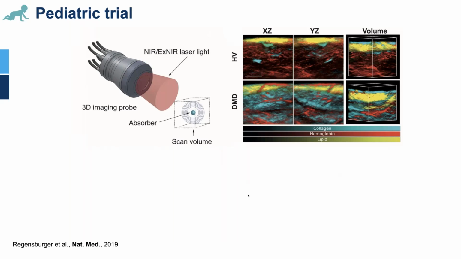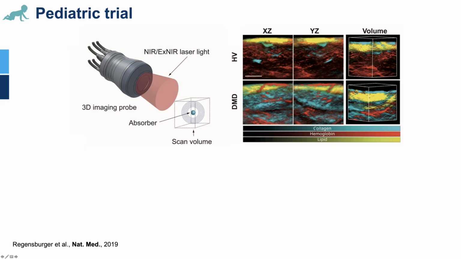And on top of this, you can also do it in a three-dimensional volumetric way. It's just a technical detail. If you use another detector, which is more like a cup shape, you get volumetric information. You can also see it here in color-coded images in different projections, and also in the volumetric view.